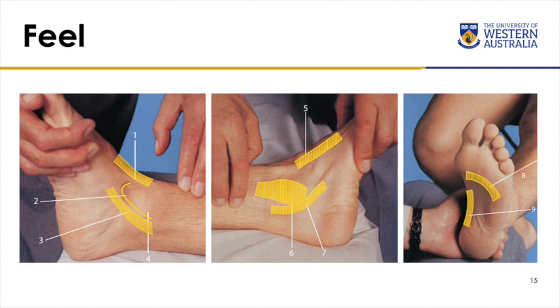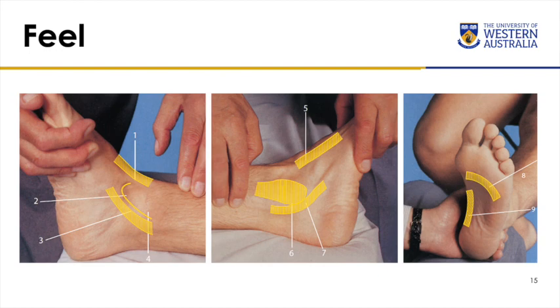The feel part of the examination is important to know your surface anatomy. The regions pictured here are the tendon of tibialis anterior, number 1, the medial malleolus, 2, and then the tendon of tibialis posterior, number 3.